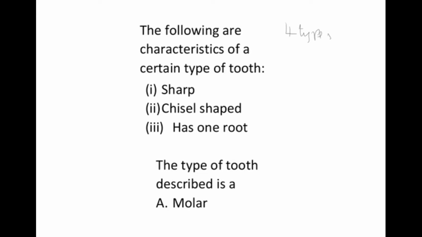So we have incisors. When you look at the incisors, they look like a chisel. We say now they are chisel shaped, and when you look at the root here, they have 1 root.